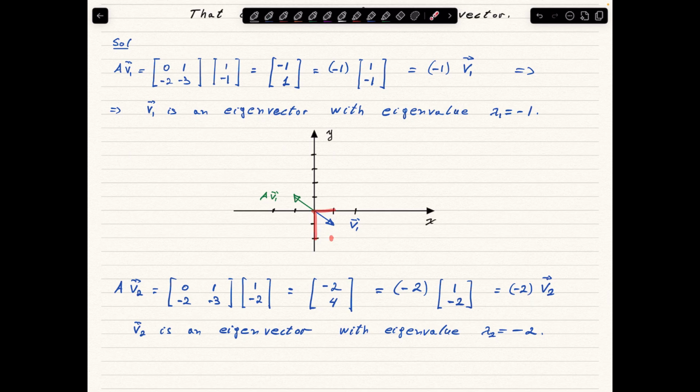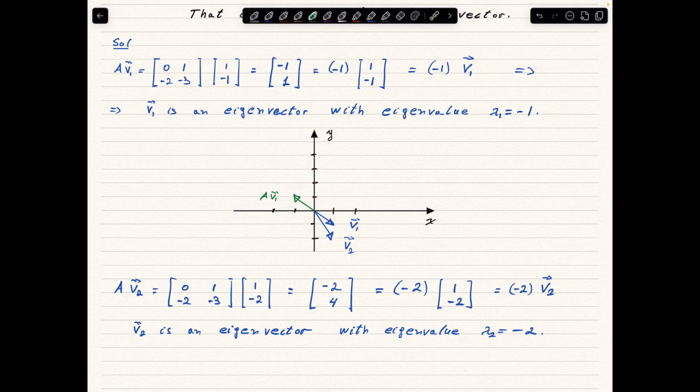So that vector here. Okay, so let's see if we can draw it more or less over here. That should be our vector v2, and then the matrix acting on that vector is negative 2 times that vector, so it is the vector negative 2 horizontal, 1, 2, and then 4 vertical, 1, 2, 3, 4, right there.